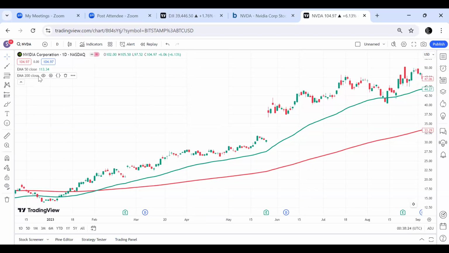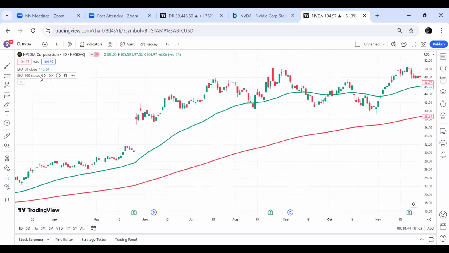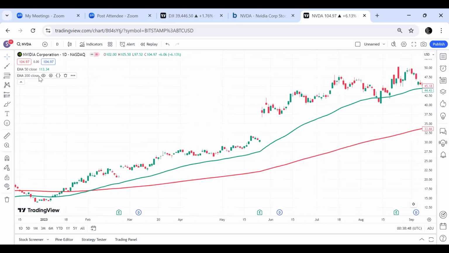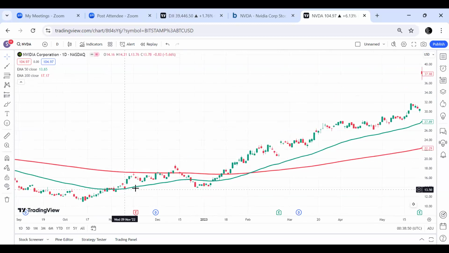So when will we get a buy signal? When a fast moving average, that is 50 EMA, crosses above a slow moving average, that is 200 EMA, from below, it indicates a potential buy signal. Like here, historically, you can see this green line is the fast moving average.